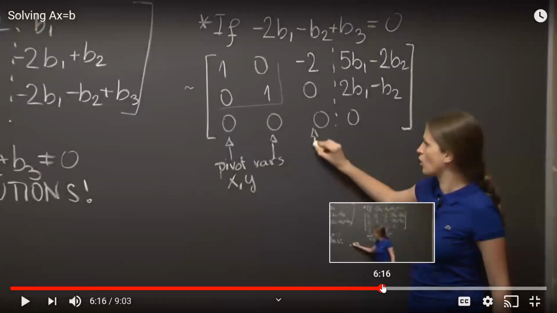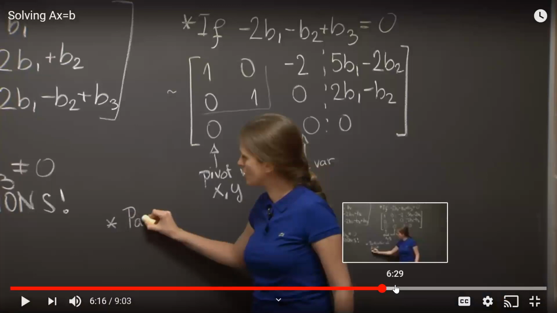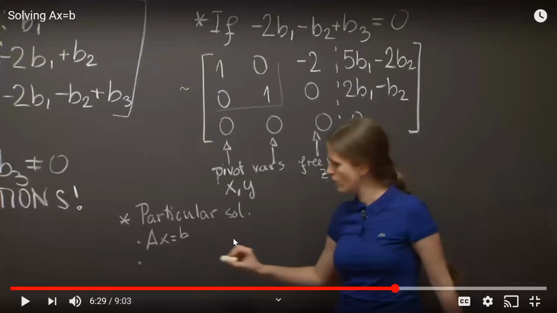So in case of a free variable, we need to understand that our solution will consist of a particular solution and then a C times, a variable times, the special solution.